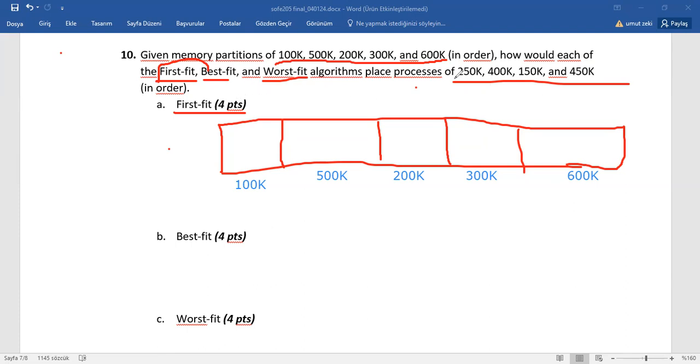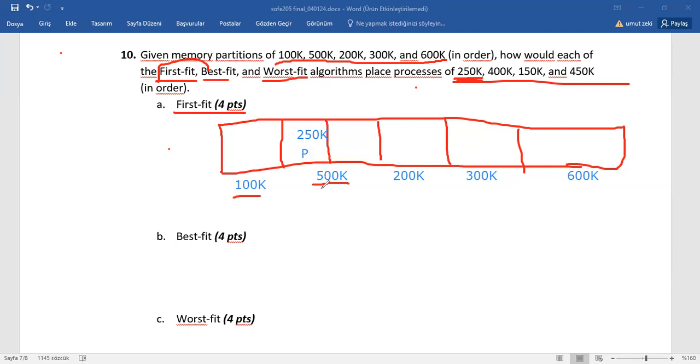So the first process is 250K. It can't fit in this one, but it can fit in this one. So I will put my process here, 250K. Let's show that it is a process.